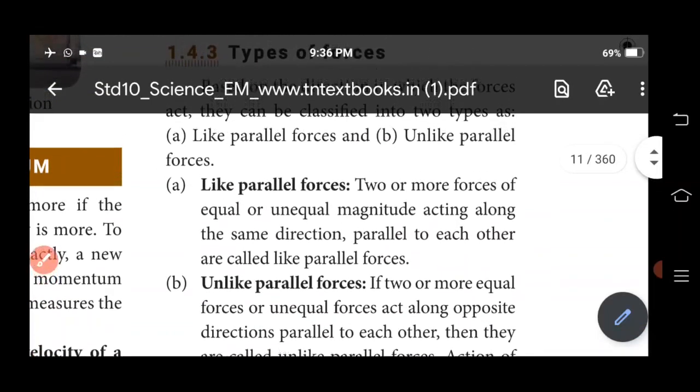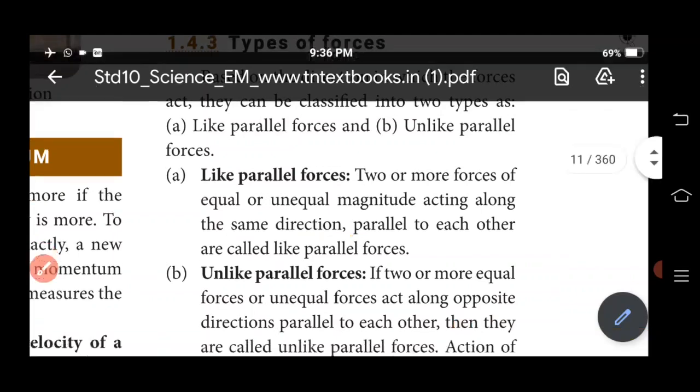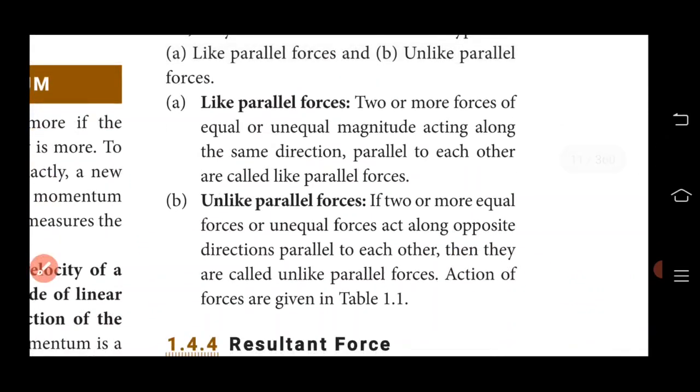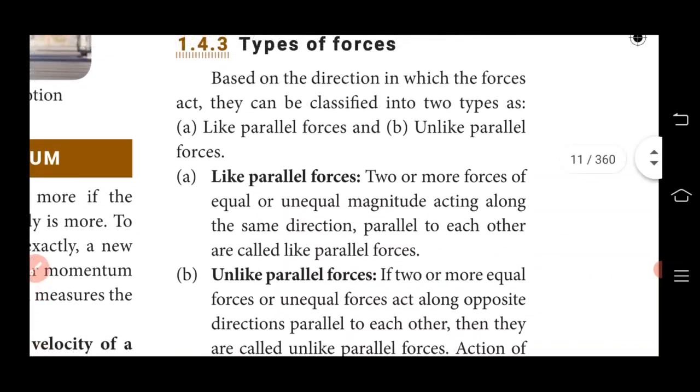So first one is like parallel force, acting along the same direction, and next one is unlike parallel force, acting along the opposite direction. These are the two types of forces based on the direction.